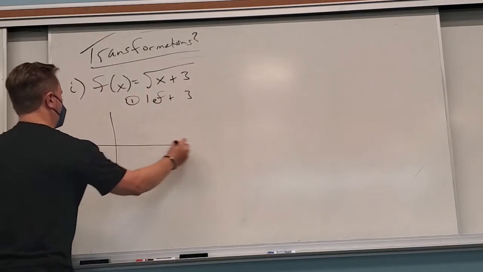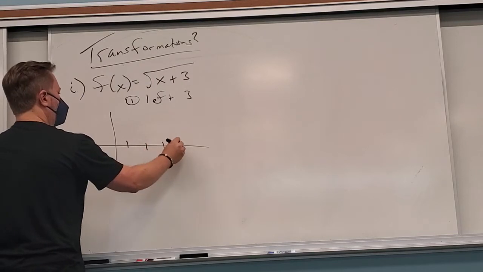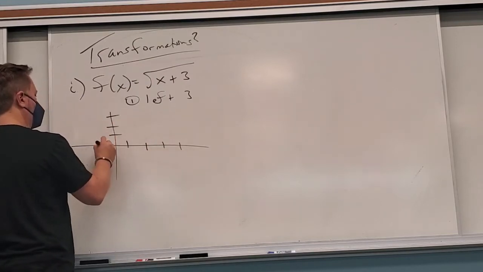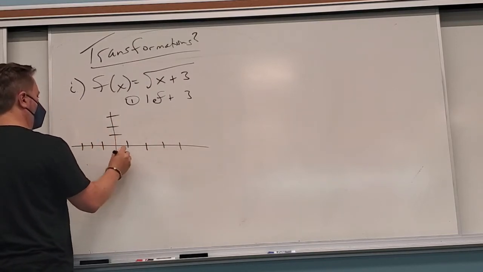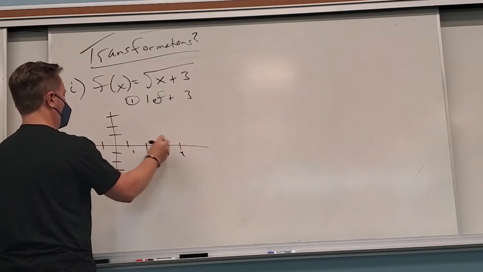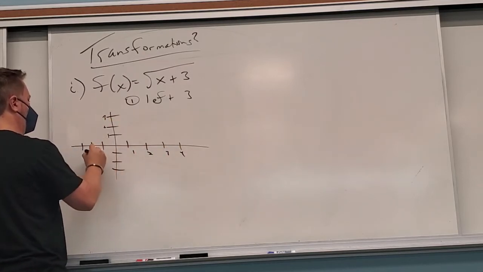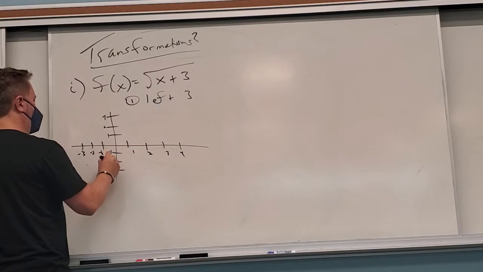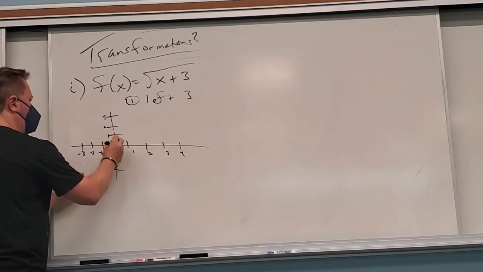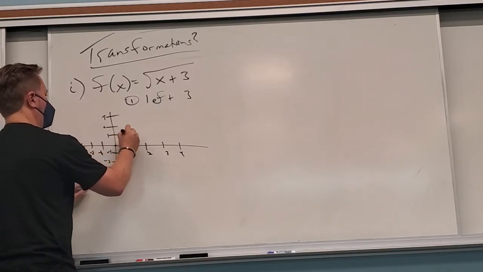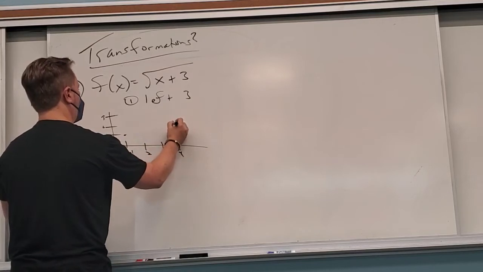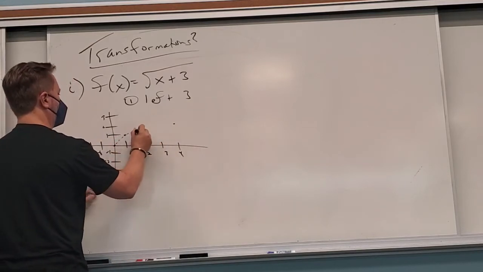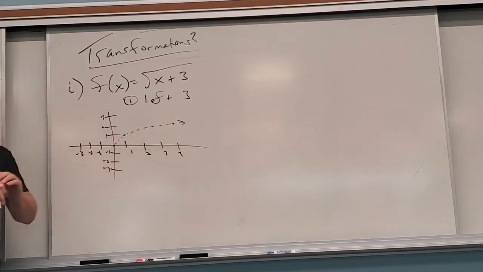So what I can do is graph the base function, and what I normally do is use a dotted line, because this is not the answer, this is the base function.